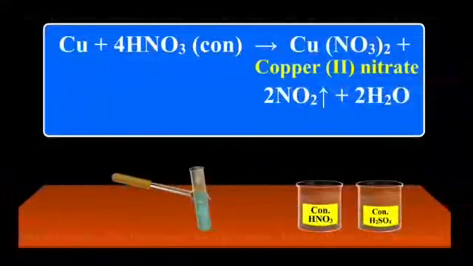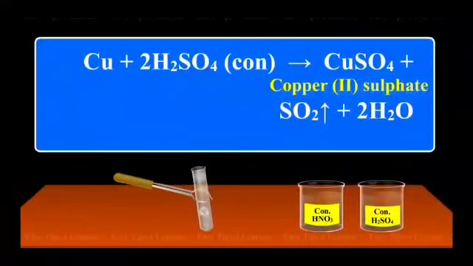The equation is copper Cu plus concentrated nitric acid HNO3 gives copper 2 nitrate Cu(NO3)2 plus nitrogen dioxide gas NO2 plus water H2O.